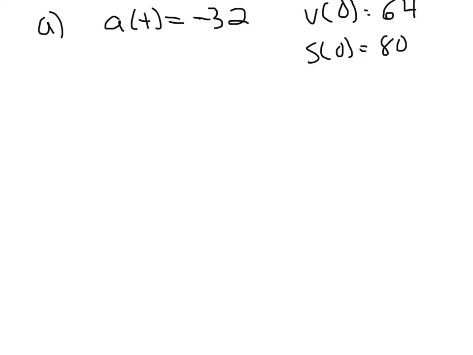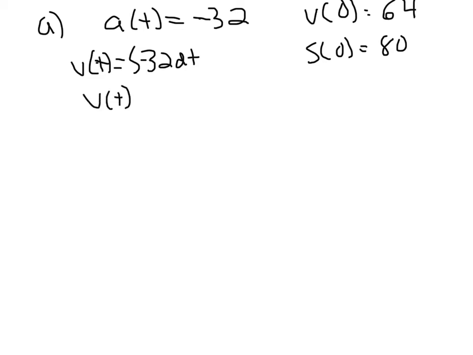So for part A, I would start with the acceleration being negative 32 because we're dealing with feet. And from the word problem, I know that V of 0 is equal to 64 and S of 0 is equal to 80. So to find the velocity function, I would integrate negative 32 dt.